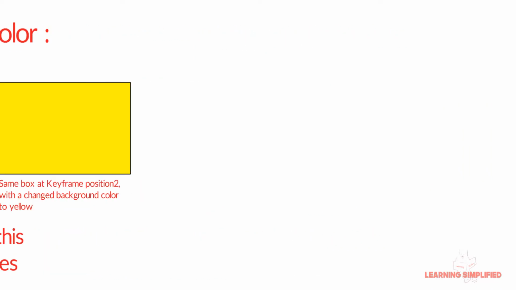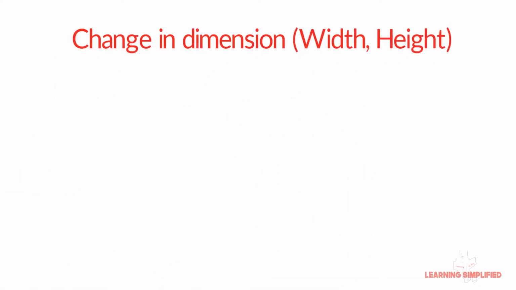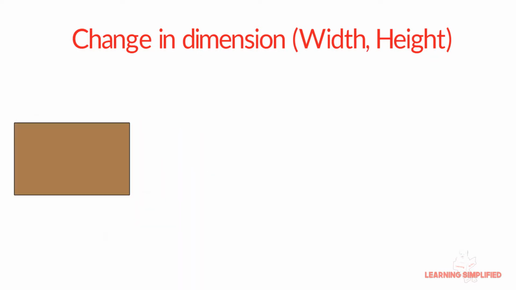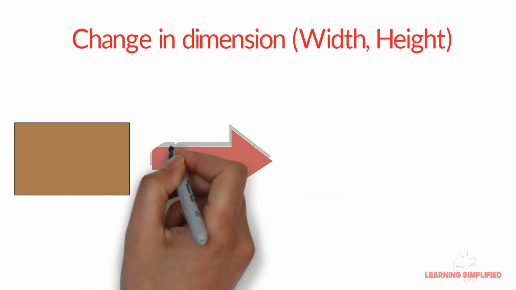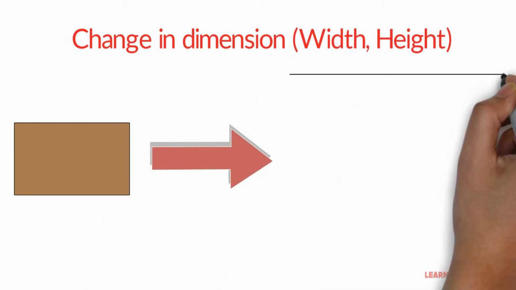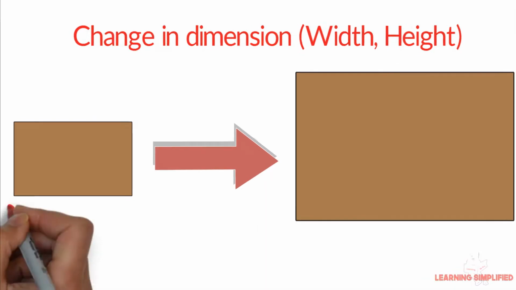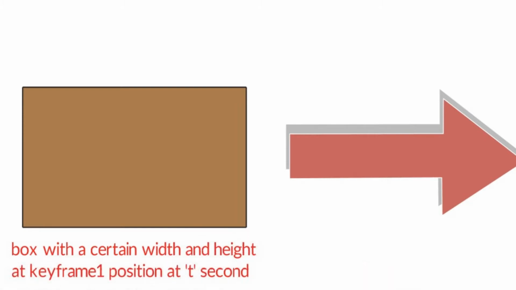Change in dimension, that is width, height, etc. Box with certain width and height at keyframe 1 position at t seconds.